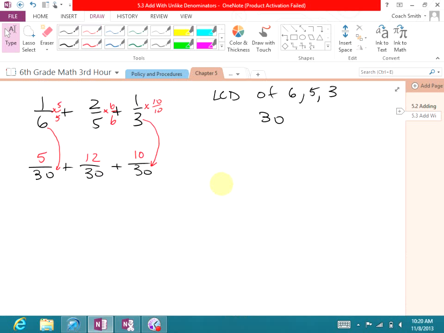Now, we have 5 plus 12 plus 10, so that is 27 over 30. Now, we can reduce that by what? By 3. So we're going to divide 3 over 3, 3 into 27, 3 into 30, 9 over 10.